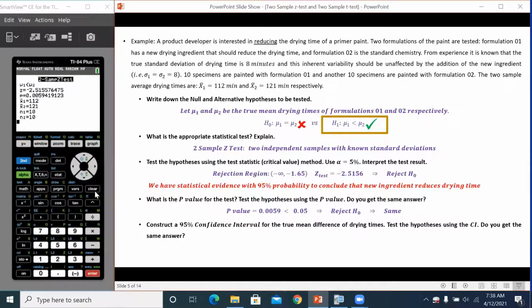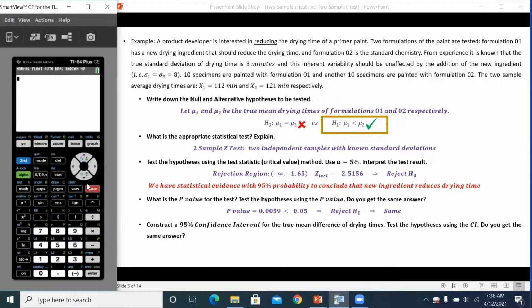Let's go to the calculator. First, you have to go to Stat, and then select Tests. And then if you go down, you can see number 9, two-sample z interval. Select number 9, two-sample z interval. Hit Enter. Now you have to define the input method. Once again, the input method is statistics.